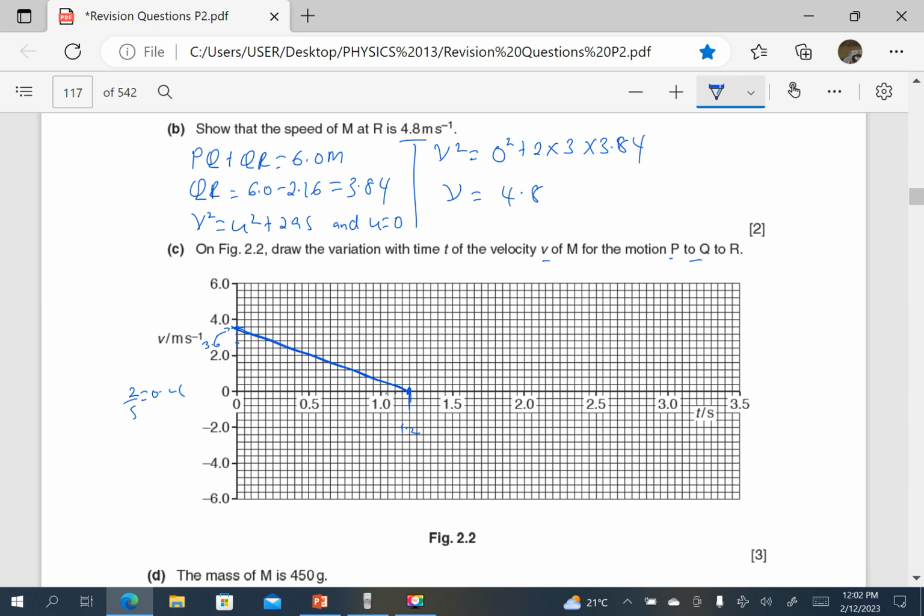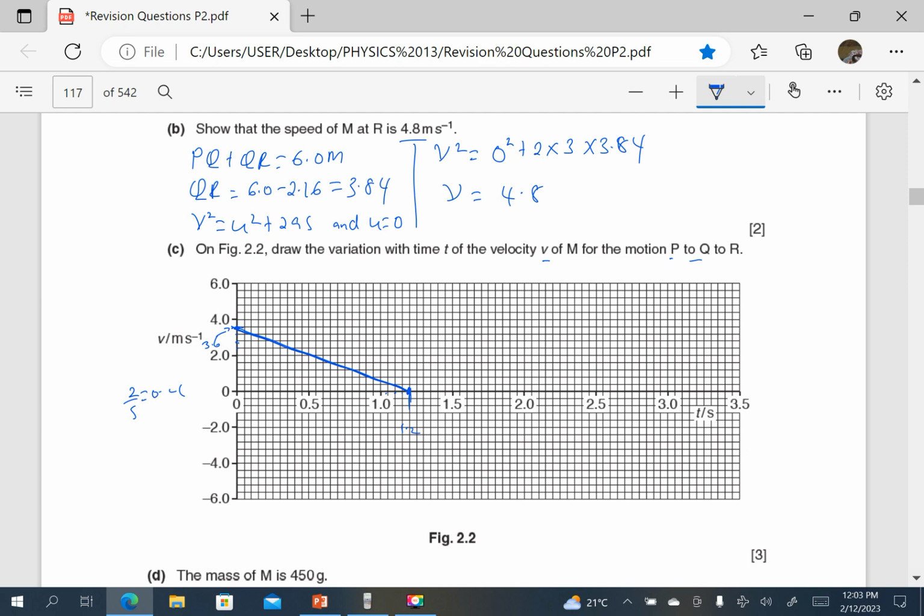Let's check the time. But even if I don't have the time, I know it is a straight line because it is now moving in the opposite direction. I just look for 4.8.